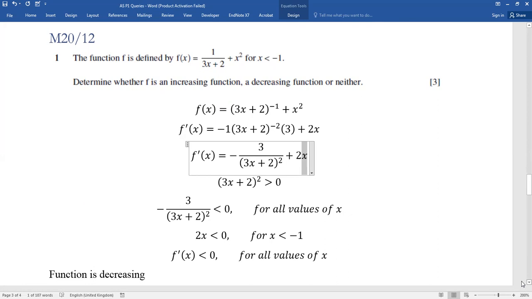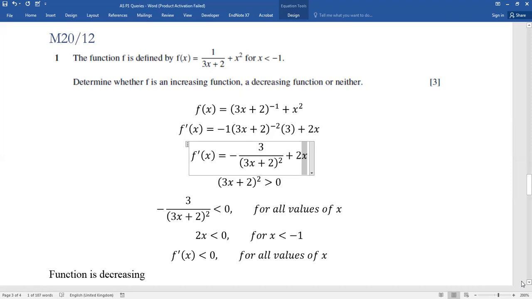Yes, write it down. 2x है ना. मैंने कहा 2x तो वैसे तो नहीं, I cannot comment, but 2x will be negative for the given domain.